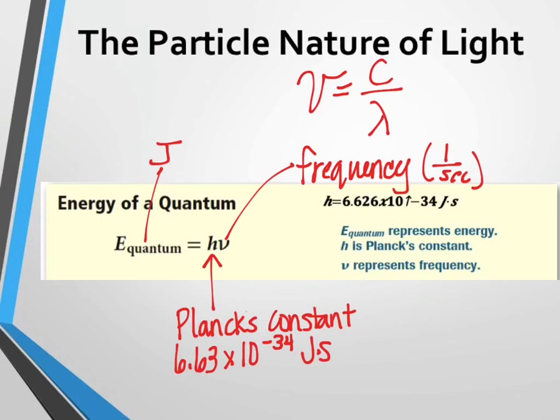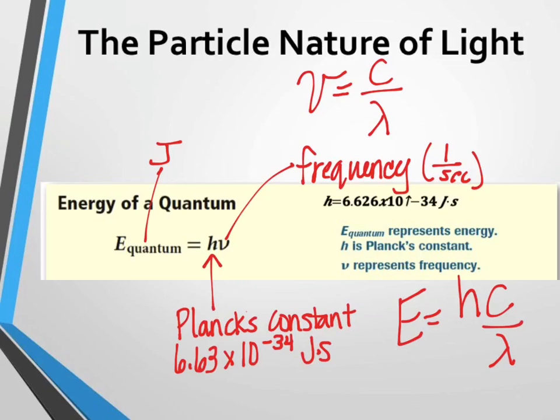I can take c over lambda and substitute that in for nu. So now E is equal to hc over lambda. That's those two equations put together.